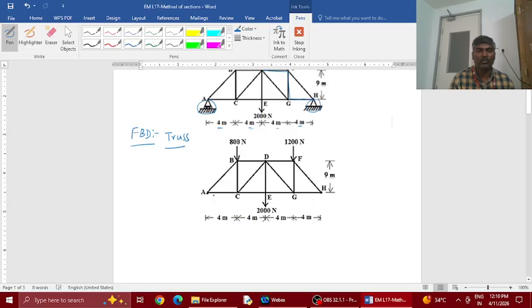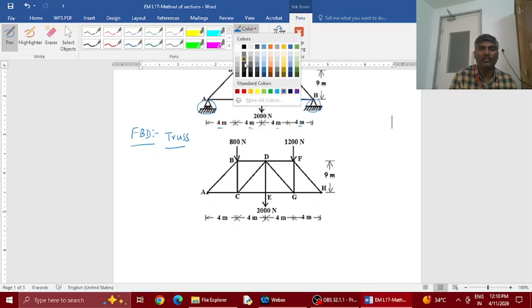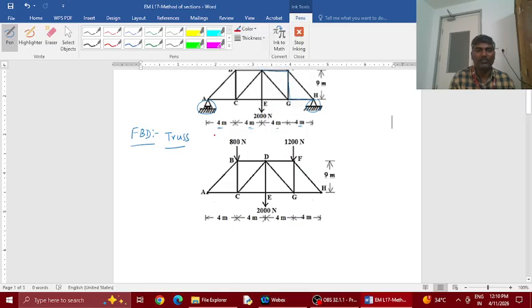Yeah, so coming here, I'll try to draw the free body diagram. So here is a roller. One reaction is possible from the roller. Here is a hinge. I remove the hinge. Two reactions are possible, one vertical, one horizontal. So name them.